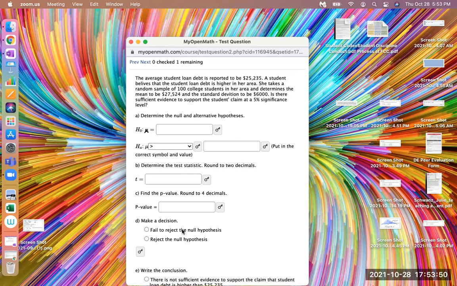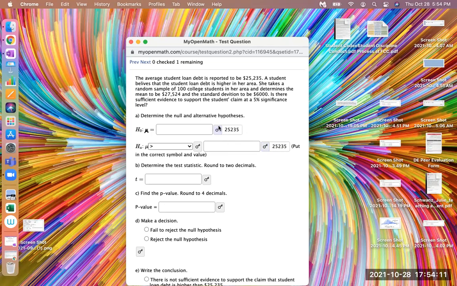Okay. So what is this number supposed to be? It says mu higher, which is bigger. So the alligator's mouth is facing toward the mu. The average is bigger than what? 25,230. Yes, that's exactly what we want, in both of them.